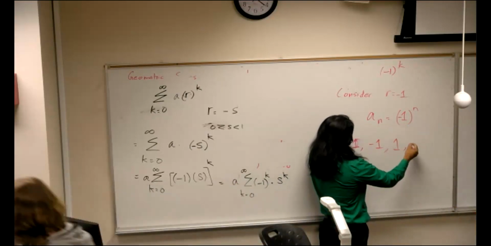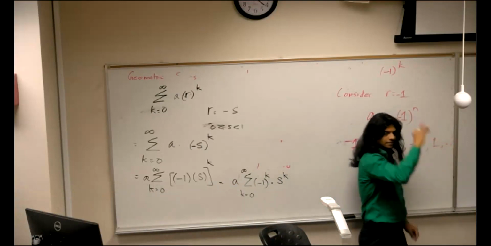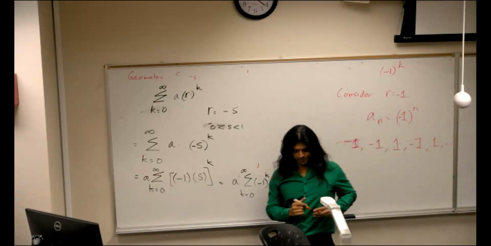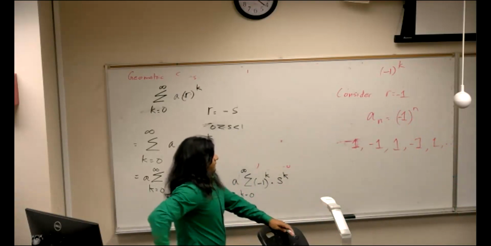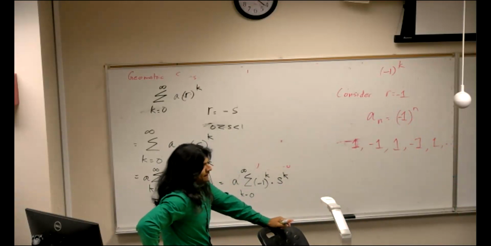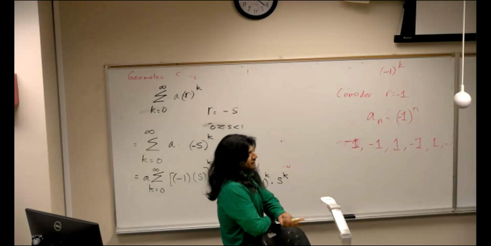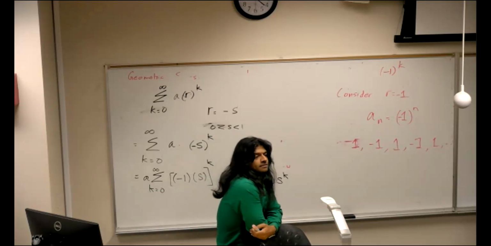When I plug in 3, I get -1, 1, and so on, alternating between the two. Okay. If I summed the series, would the series converge?